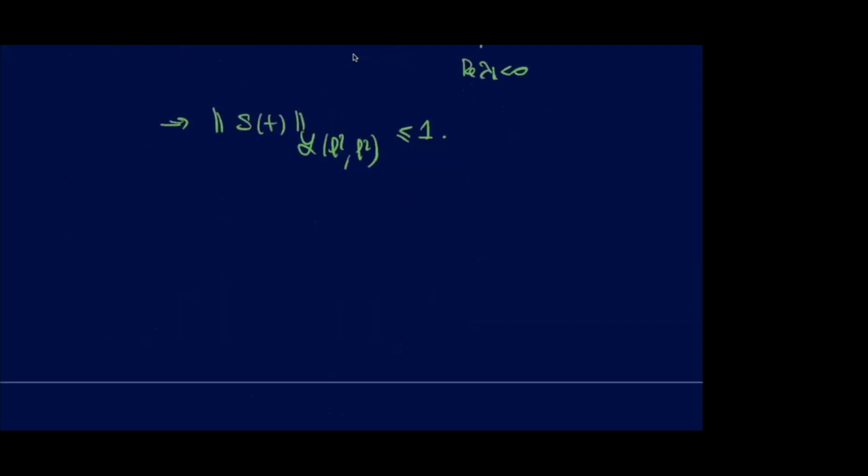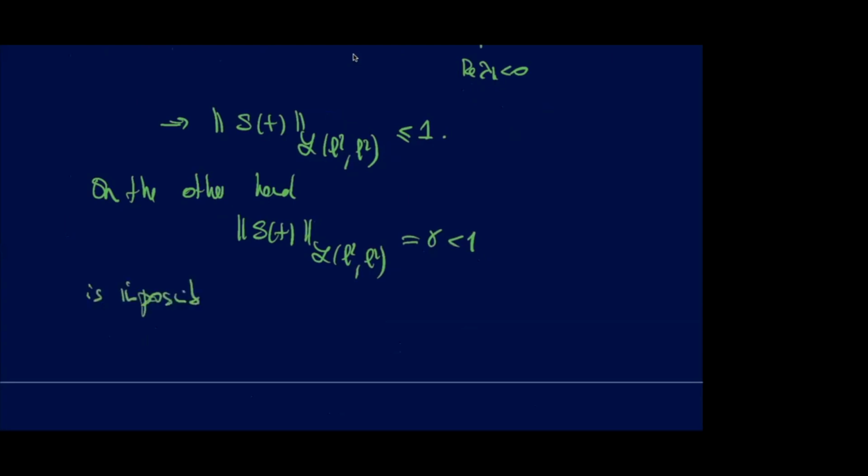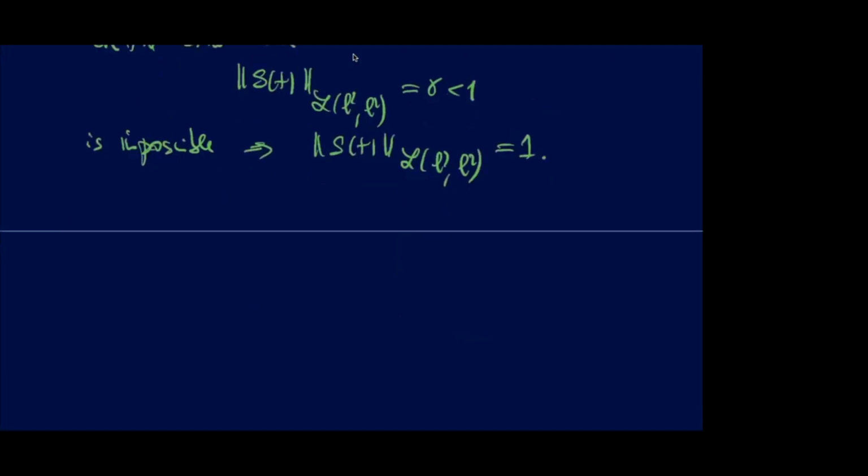So the fact that St as a linear operator from L2 into L2 has norm a number less than 1 is impossible. And this implies that the norm of St from little L2 into little L2 is equal to 1.